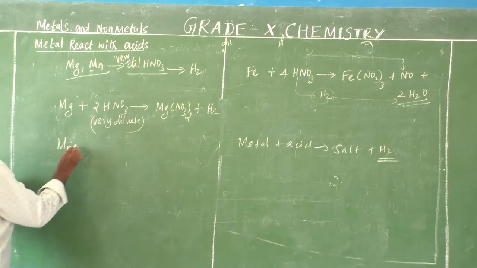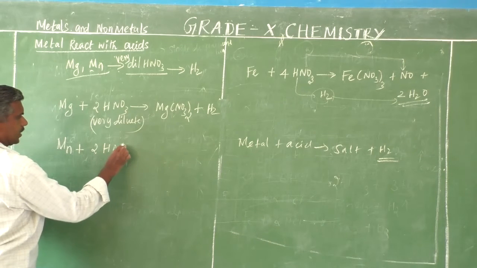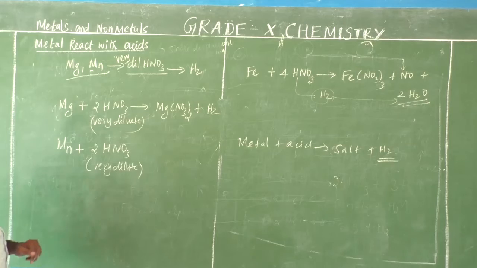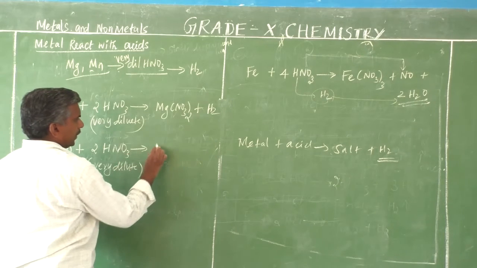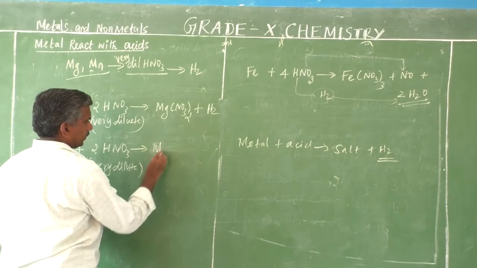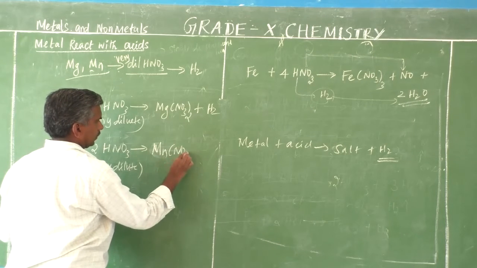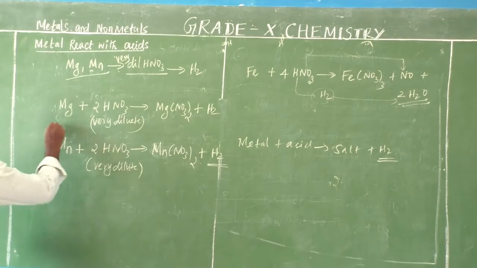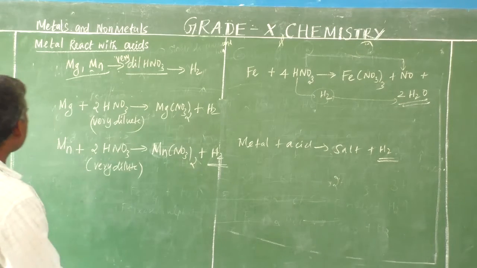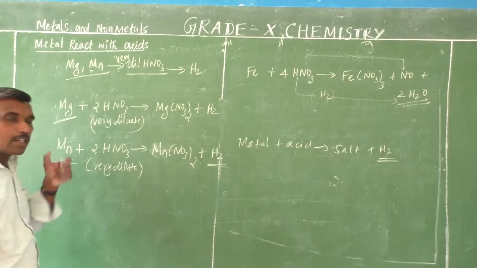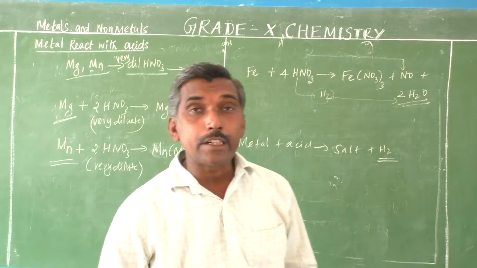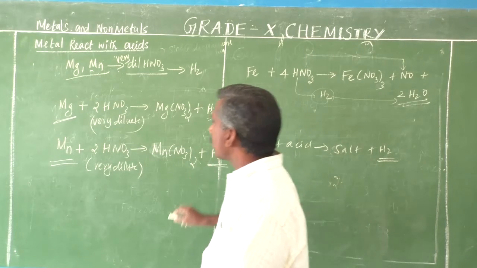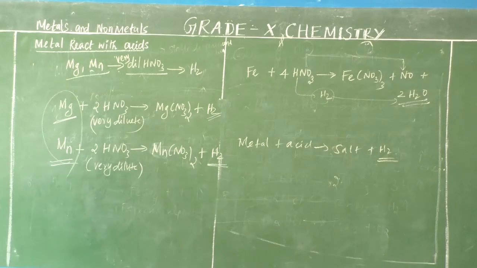Another example: manganese reacts with very dilute nitric acid to form manganese nitrate plus hydrogen. So these two metals are a very important concept here. Magnesium and manganese react with very dilute nitric acid to evolve hydrogen gas. These are the exception cases.